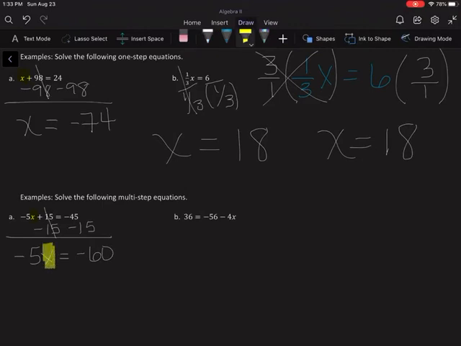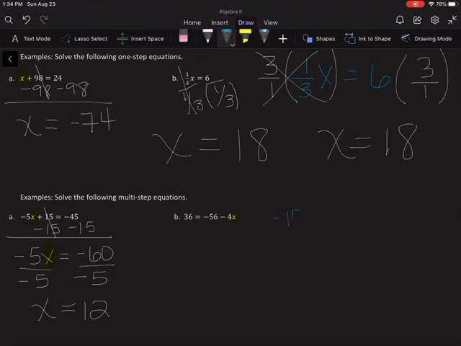And again, I need to get this by itself. So I would divide by -5. So x is equal to 12. Not so bad. This next one here, it's kind of backwards, but it still works out. I need to get the x by itself.